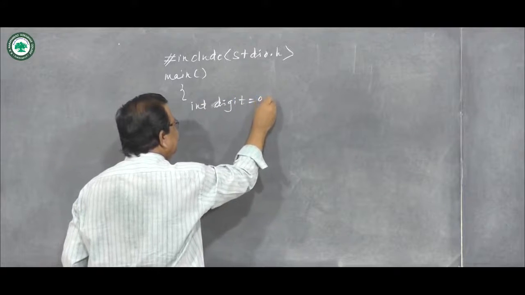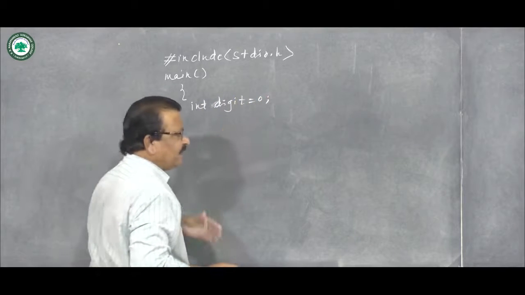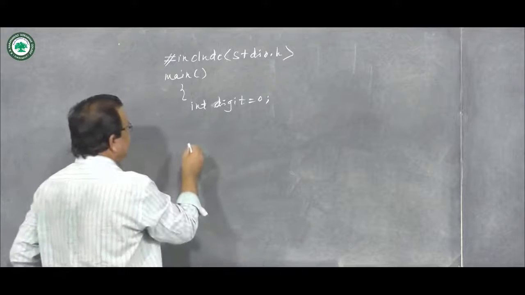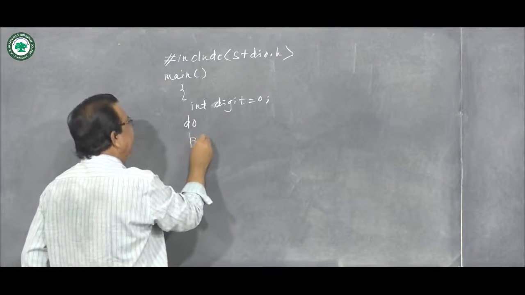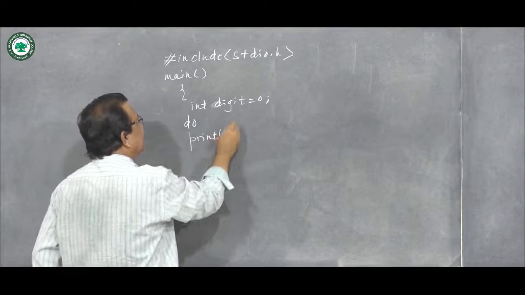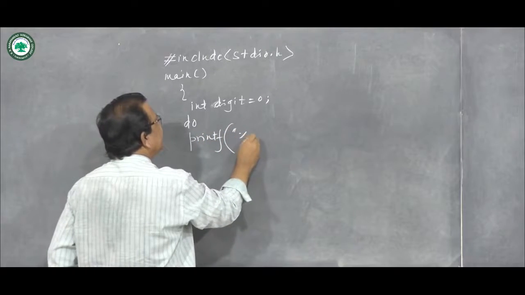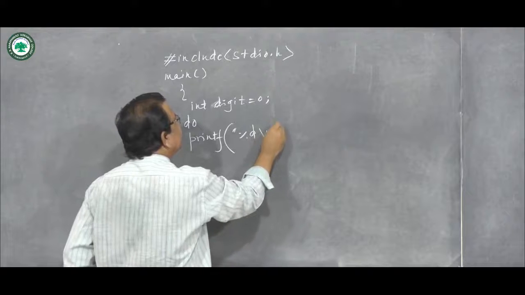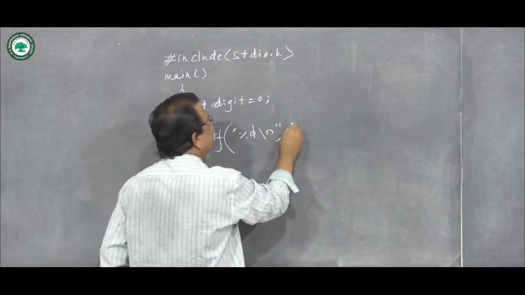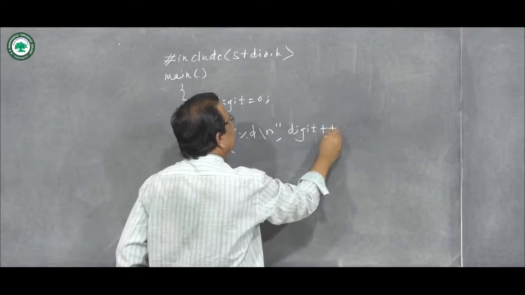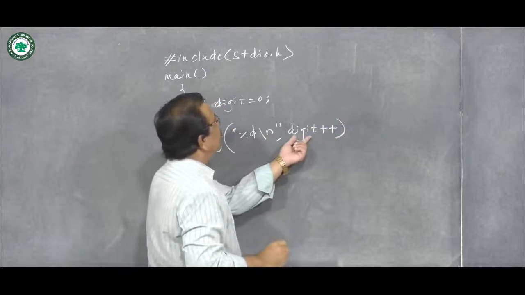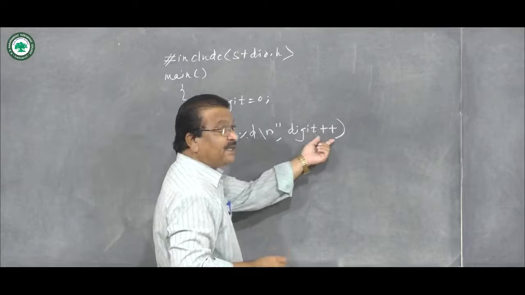Moreover, I am initializing it to 0, semicolon being a statement, and then do, and then the statement is printf("%d\n", digit++). The meaning of digit++ is: use it first and then increment.